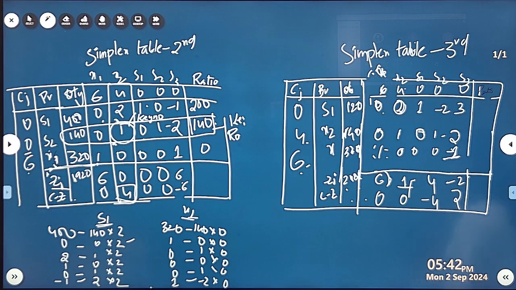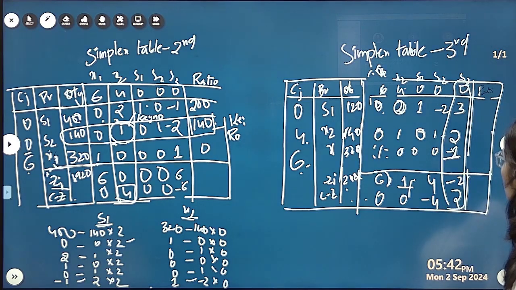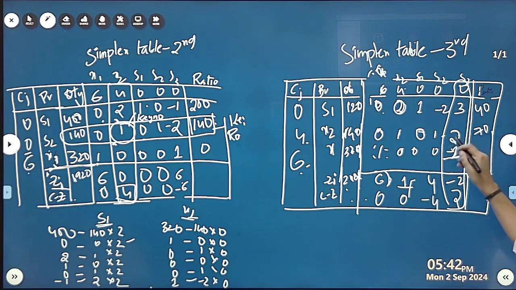So what is the key column, and what's the key row? This divided by this. 120 divided by 3, how much? 40. Okay, next 140 divided by 2, 70. Next, is this minus 2?